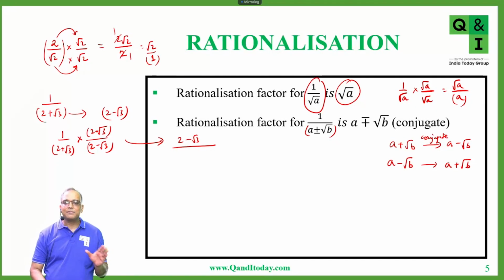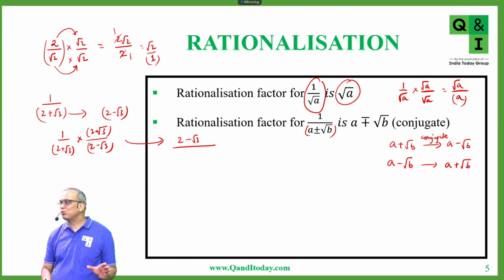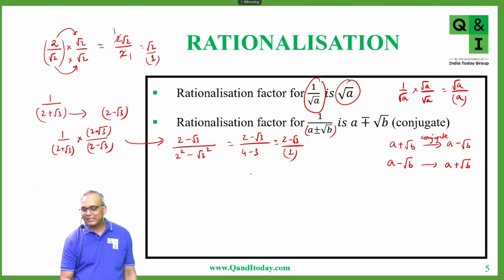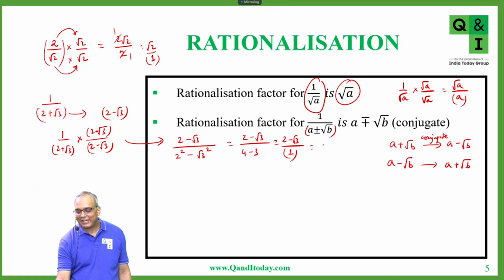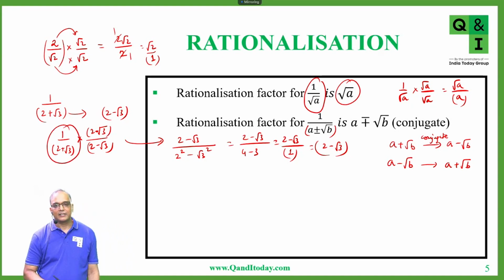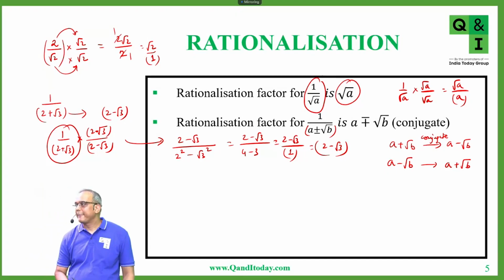What is a plus b into a minus b? It is a square minus b square. So this will become 2 square minus root 3 square. So that is 2 minus root 3 divided by 4 minus 3, or 2 minus root 3 divided by 1. So here you can see that the denominator is a rational number, and hence you have rationalized this denominator, which was an irrational number earlier. Is it clear?